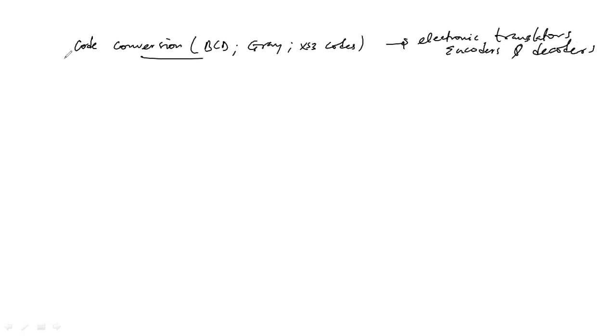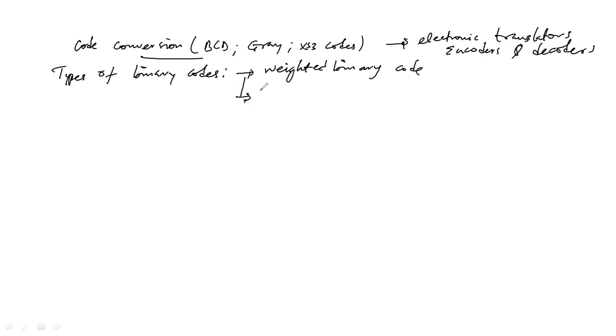And we have the types of binary codes: the weighted binary code and the non-weighted binary code.